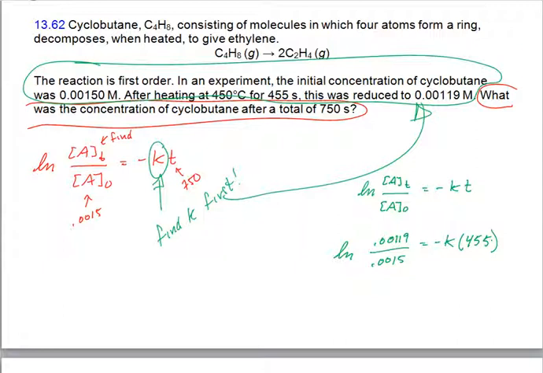So plug in these two numbers first, see what that is, take the natural log of it, divide it by negative 455, and you'll have your K. So I must find out what's inside the natural log first.